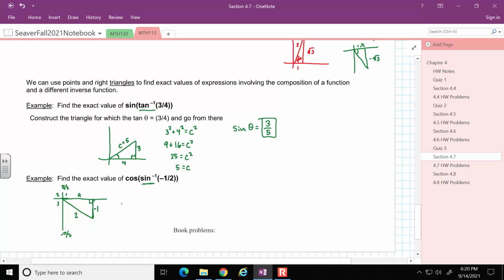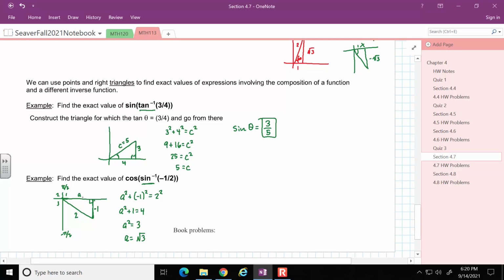Okay? So I'm going to do something similar. a squared plus negative 1 squared equals 2 squared. So a squared plus 1 equals 4, a squared equals 3, so a equals the square root of 3.